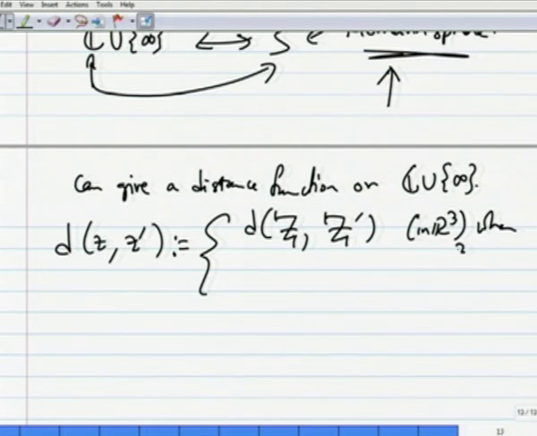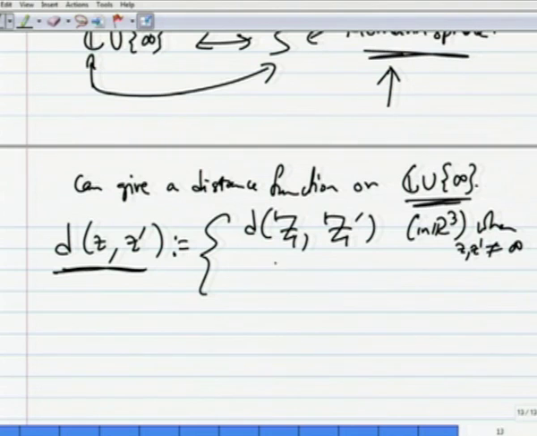when z and z prime are not equal to infinity. We are defining a distance function for C union infinity. Forget infinity for the time being. If you take any two complex numbers, the new distance in C union infinity is defined to be the distance between the corresponding points z and z prime in R 3. And then if you have infinity, you can also define distance.